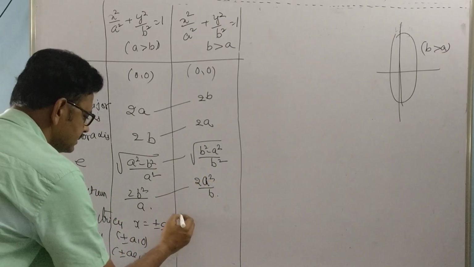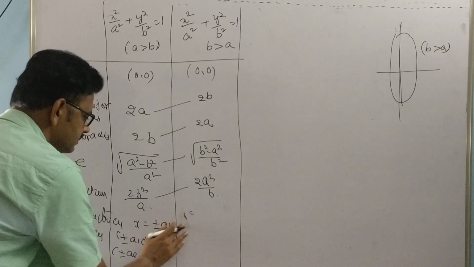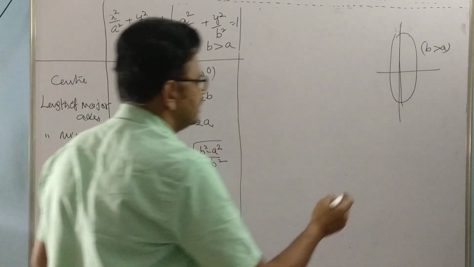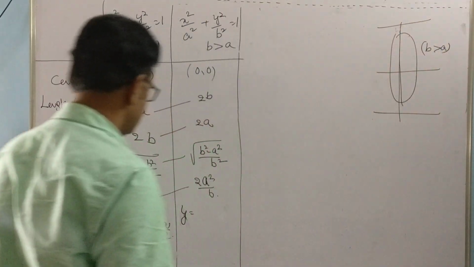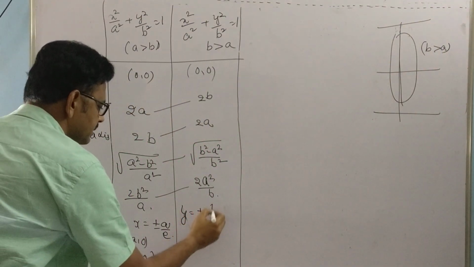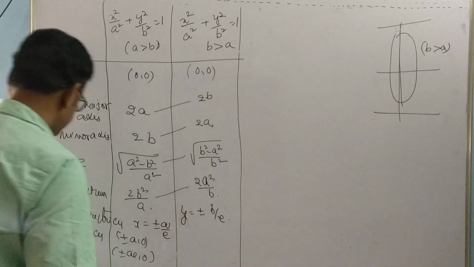Equations of directrices, y is equal to plus or minus b by e.